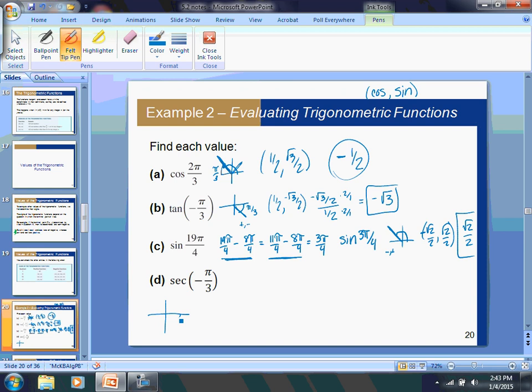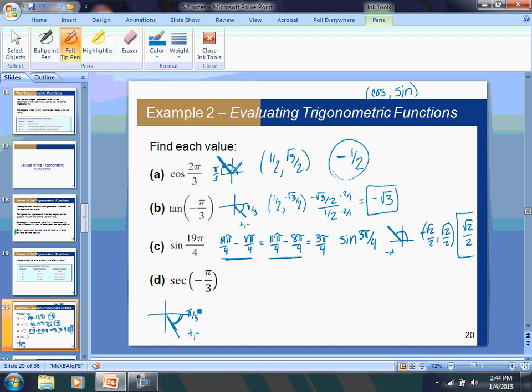Let's see where that is. Okay, if I go down pi over 3, it's going to be right about here. So I'm in my fourth quadrant, so I'm going to be positive, negative. Now my reference angle is still going to be pi over 3. Okay, remember that terminal point is going to have the same x and y values as pi over 3.